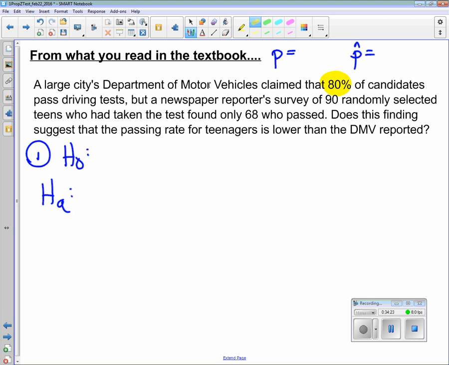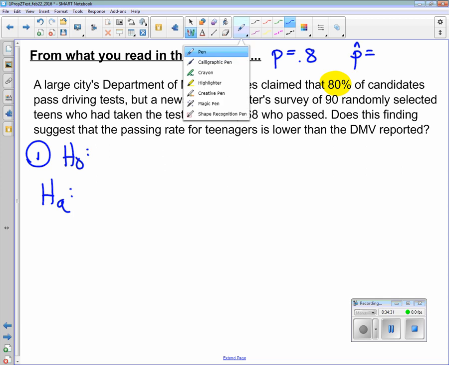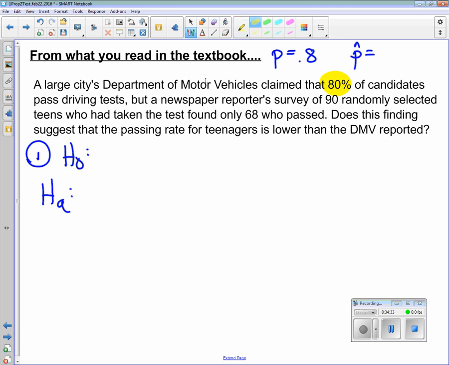80%. What do you think? Is that P, P-hat? That's your claim, right? That's your P. Perfect. So that's 0.8. Let's keep going. What's 90? N. Very good. And N is always in the bottom of your P-hat, right?